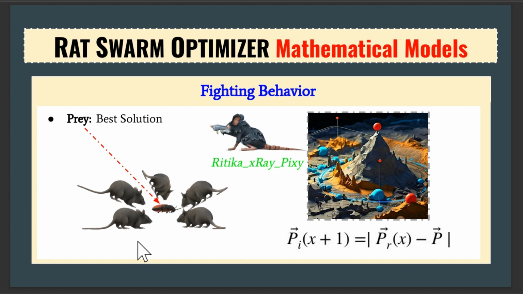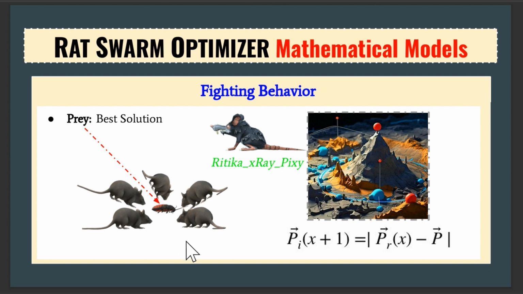So this update rule ensures that every search agent in the swarm moves toward the best known solution found so far, and over time this allows the swarm to converge to the optimal solution as the distance between all search agents and the best solution decreases.